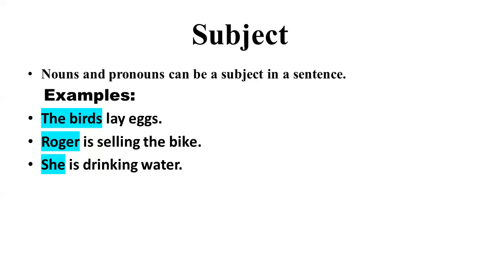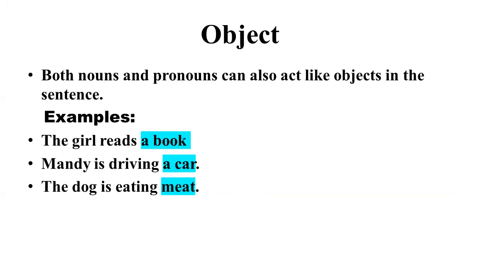Let's talk about object now. What's an object? Object is the person or thing that is the receiver of the action, to whom something is done, upon whom the subject is doing something. For example, the girl reads a book.